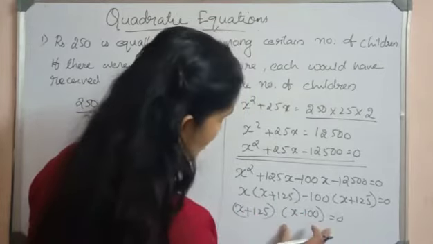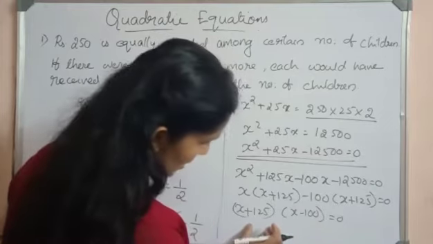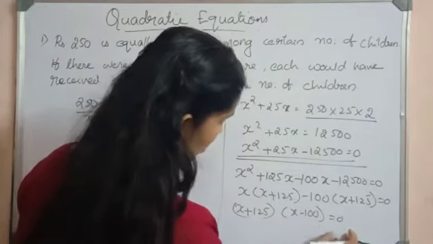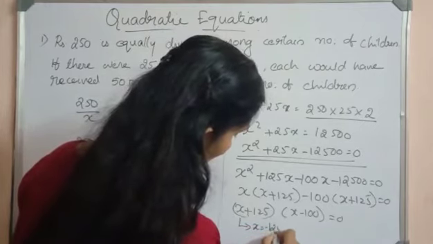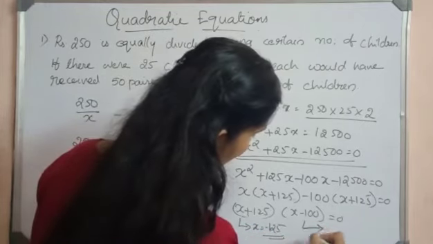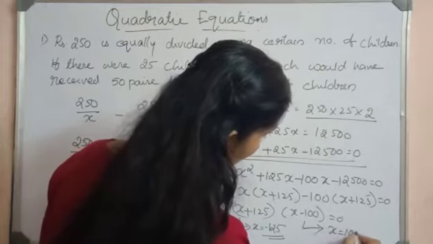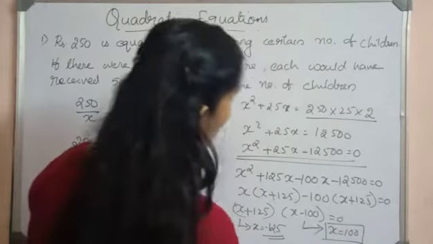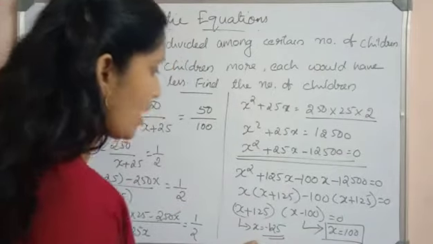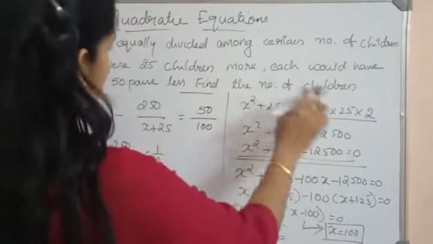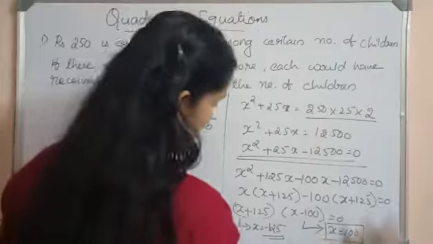By zero product rule, x plus 125 is 0 or x minus 100 is 0. So when you simplify, x is equal to minus 125, and in the second term, x is equal to 100. So we consider x is equal to 100 since the number of children cannot be a negative number. Therefore, the number of children is equal to 100.